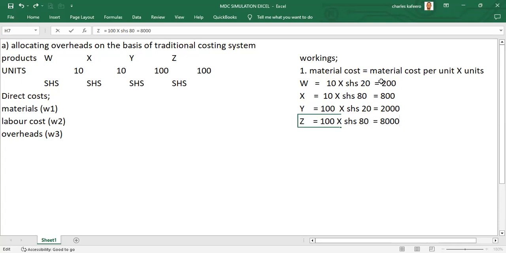These are the figures, the final figures that we are going to be transferring to our costs here.